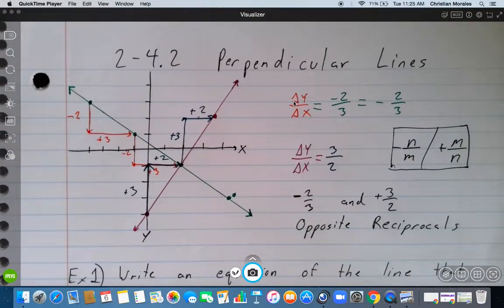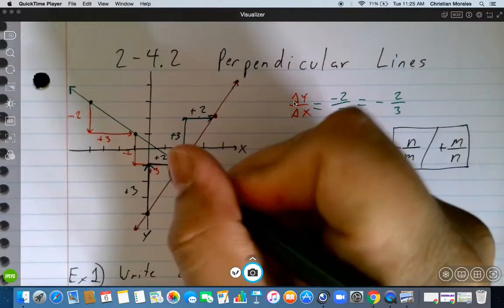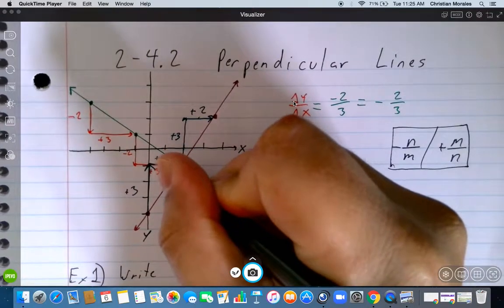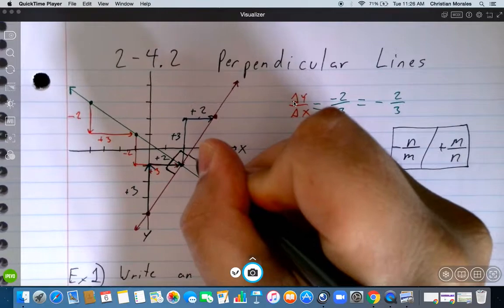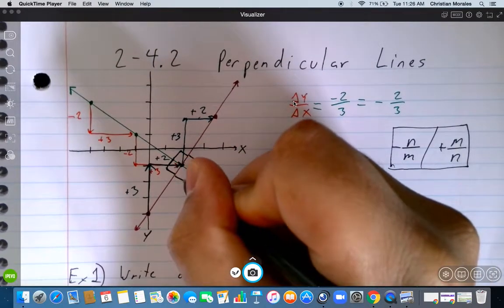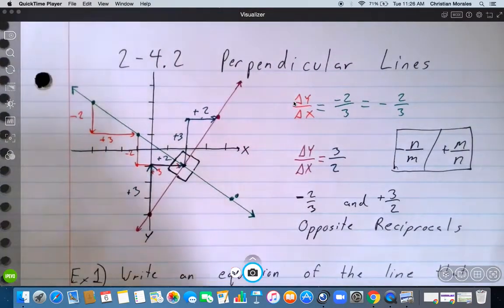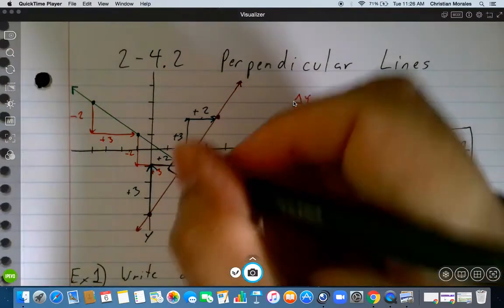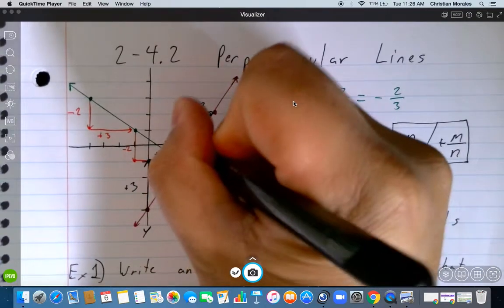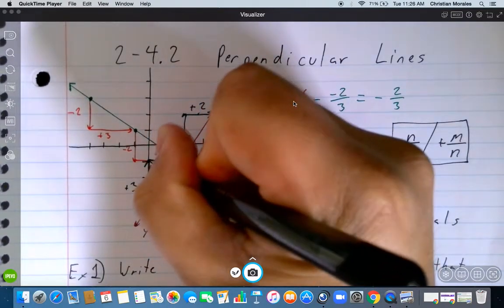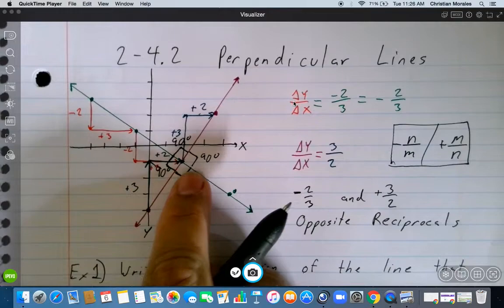Now in this picture, there's one more thing I should point out. When these lines cross, they cross at an angle on all four corners. Basically, all four corners, if you measure them, have the same angles: 90 degrees, 90 degrees, 90 degrees, 90 degrees. So that makes right angles.